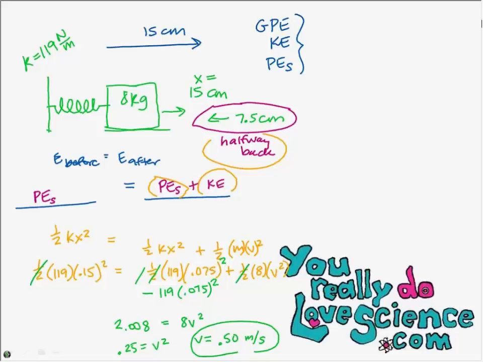The units for kinetic energy, potential energy, and all of that, energy units, is the joule, or the kilojoule. So a joule is a Newton times a meter.